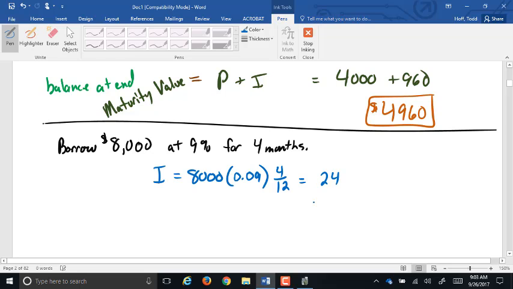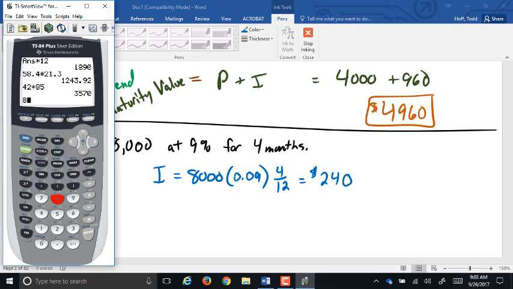So now what's that come out to be? $24? Does that look right? Or $240? Let's give it a shot. 8,000 times 0.09 times 4 divided by 12. I get 240.